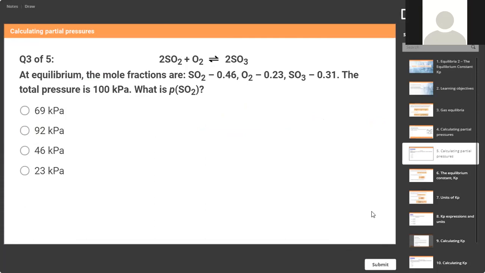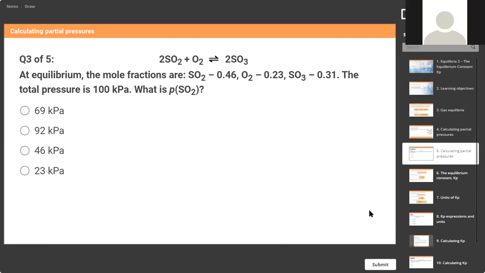Question 3. So at equilibrium, the mole fractions are SO2 minus 0.46. Are these supposed to be minus numbers or are these just dashes? I'm going with minus numbers. So we've got our mole fraction, 0.46.